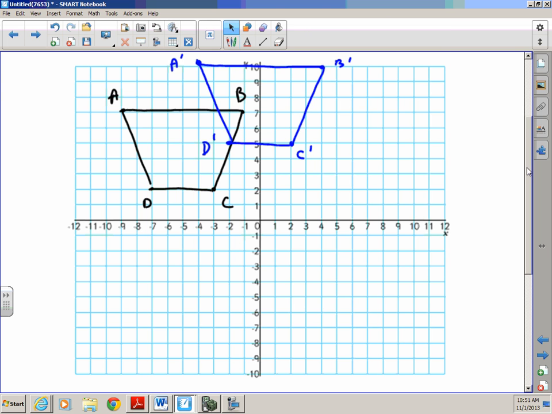That's our figure in blue. Now I'm going to take that and reflect it over the x-axis, which means my y values are going to change their sign, but my x values do not. D double prime, C double prime.